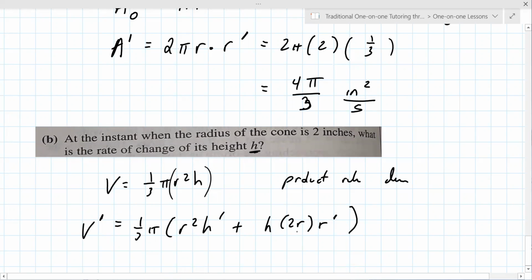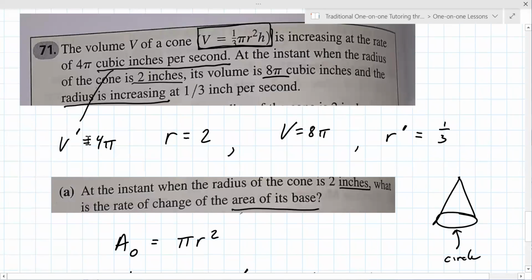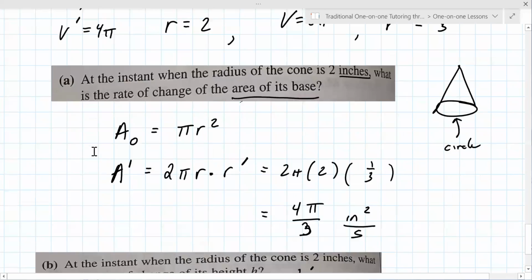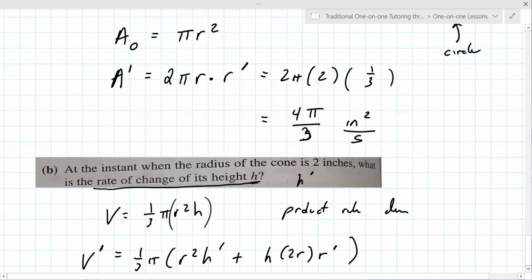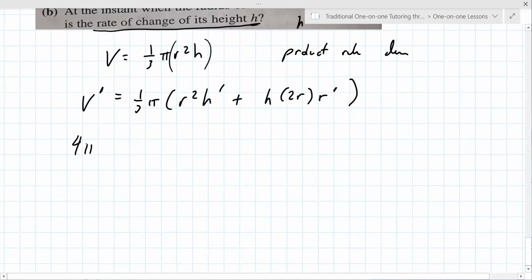Okay. So what are we solving for here? What are we trying to find? We're trying to find the rate of change of its height h. We want h prime. So there's h prime right there. So hopefully everything else is given. Are we given v prime? Yes. If you go back up, v prime is the 4 pi. Sorry if that was too fast to see, but hopefully you got it.